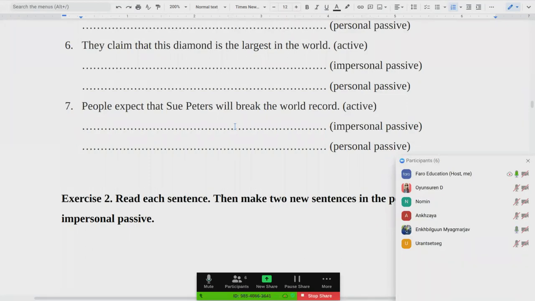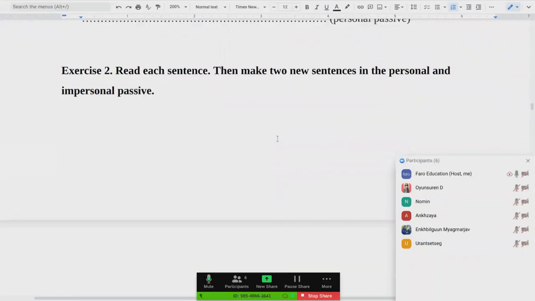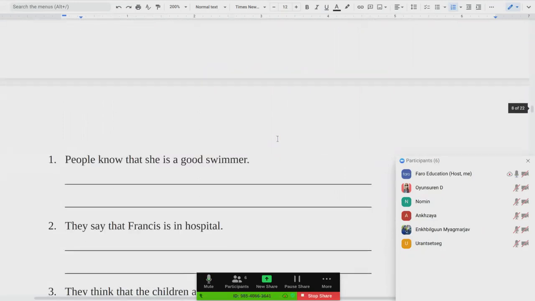A personal passive: Sue Peters is expected to break the world record. Very good. That's correct. Okay, next exercise: read each sentence and make 2 new sentences in the personal and impersonal passive.